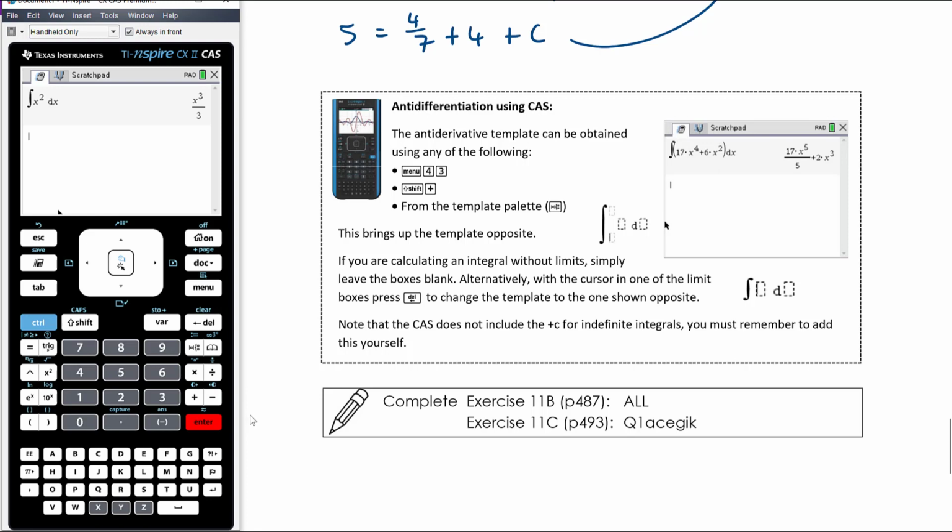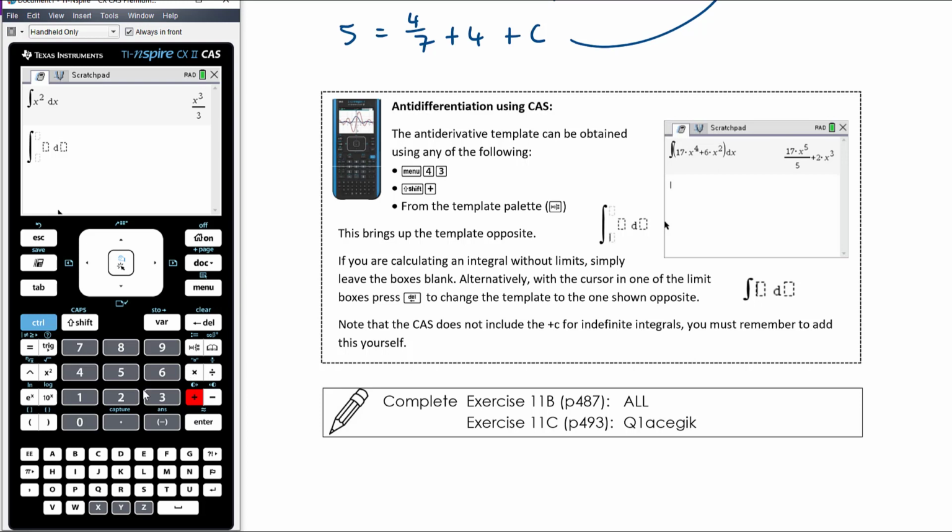Alternatively, let's have a look at another way we can get the integral template, and then I'll talk about how else you can deal with that template. The other option, the shortcut key, rather than going through the menus, is to press Shift plus. You might remember that Shift minus is to differentiate, Shift plus is to anti-differentiate.